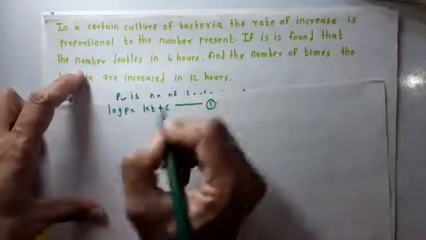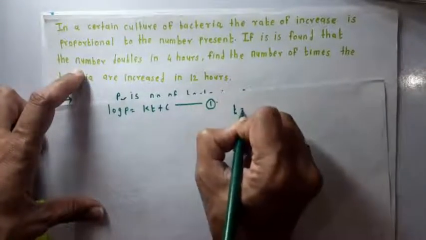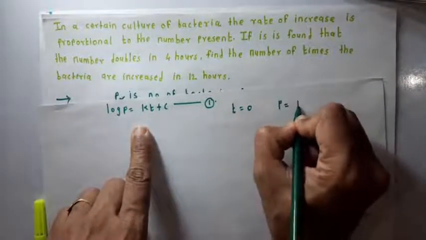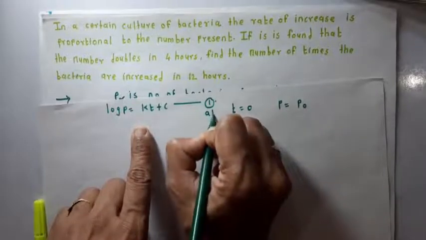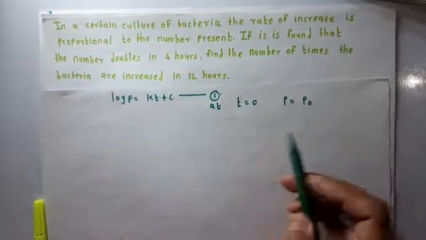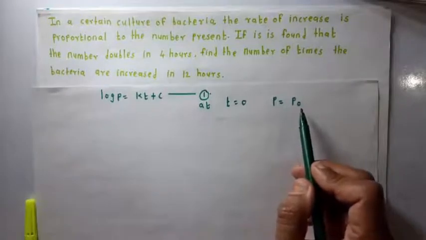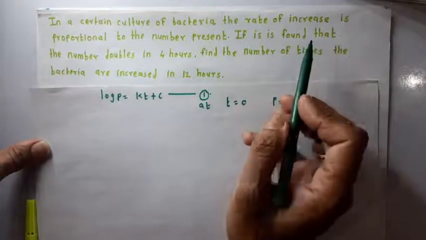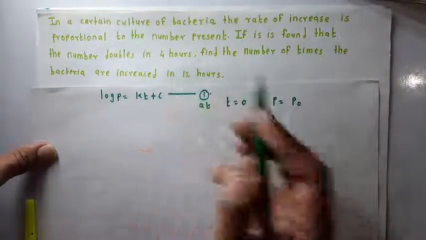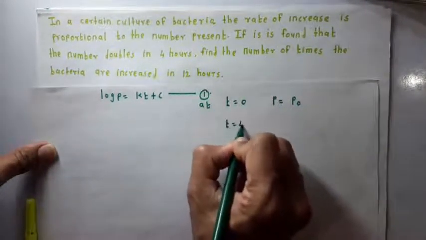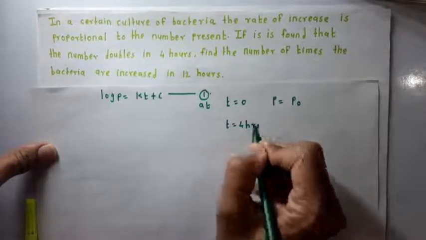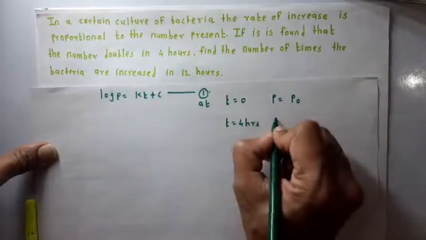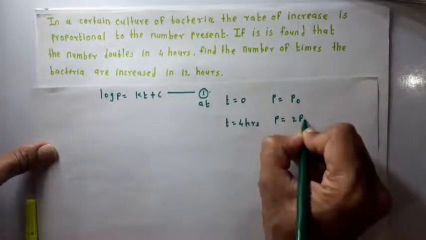Initially, when time t equals 0, the number of bacteria present is P equals P0. And it is found that the number doubles in 4 hours. Means when time equals 4 hours, the bacteria doubles, means P equals 2P0.